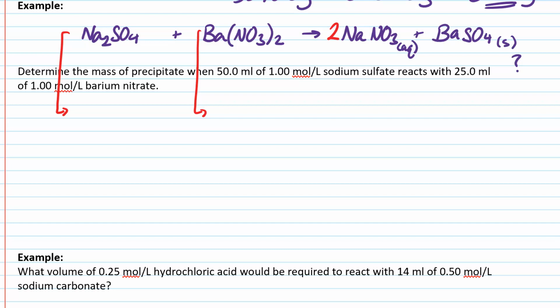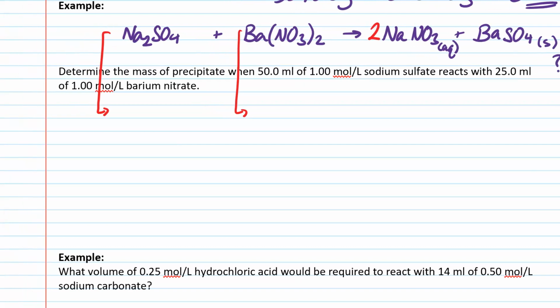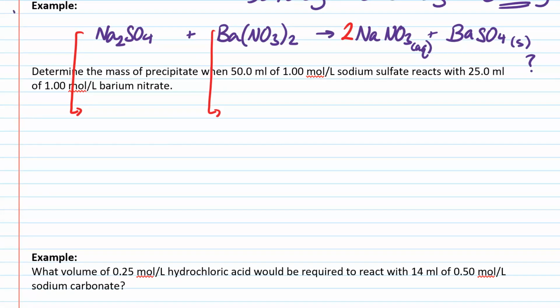Now we're dealing with solutions, and what we're given is a volume of a solution and its concentration. Just recall, if concentration equals n over V, then the number of moles is going to equal V times C, volume times concentration, or concentration times volume, whatever.